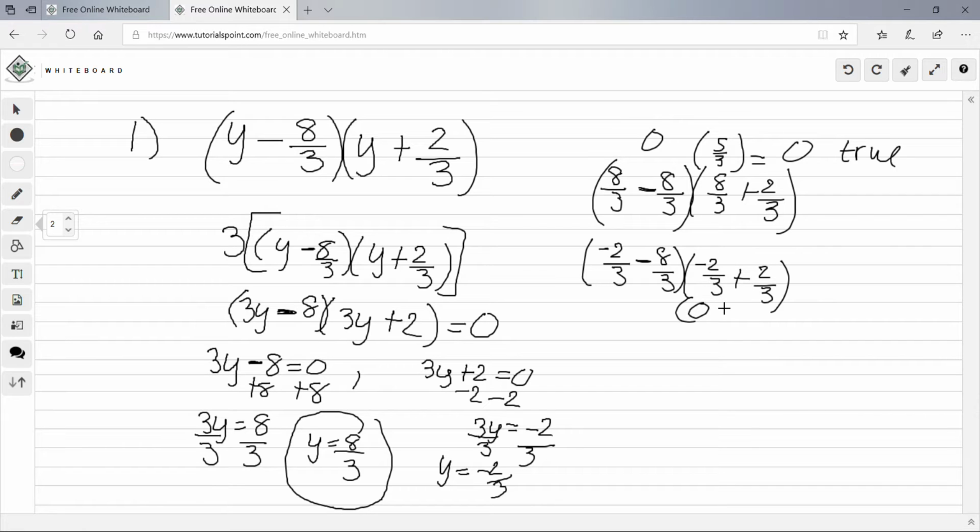So we remember what we said, anything times 0 is just 0. So that's 0. So this is true. So both of these answers are correct. Okay, next problem.